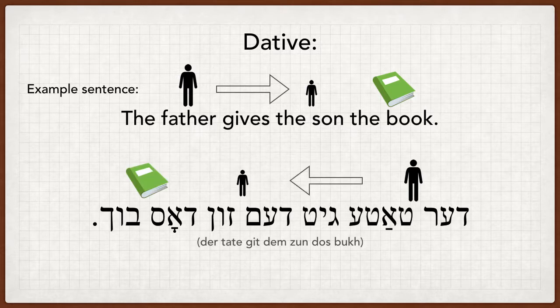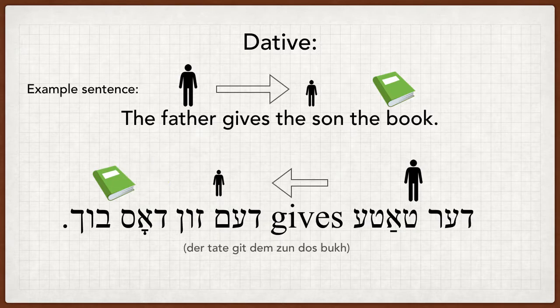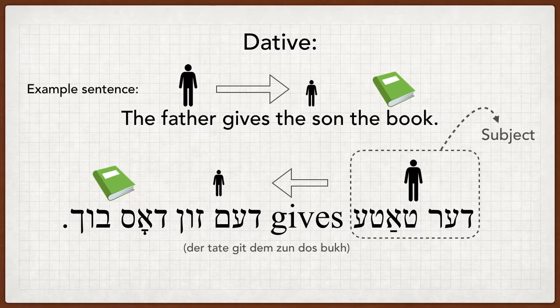So, der Tate gibt dem Sohn das Buch. And once again, I have changed the unknown Yiddish verb to the known English verb, which is to give, so he gives. Der Tate is the subject because he's performing the action of giving the book to the son. Therefore, he is in the nominative case.